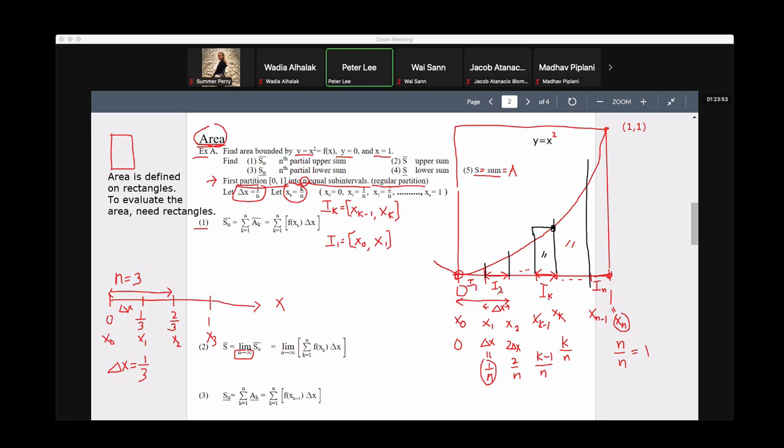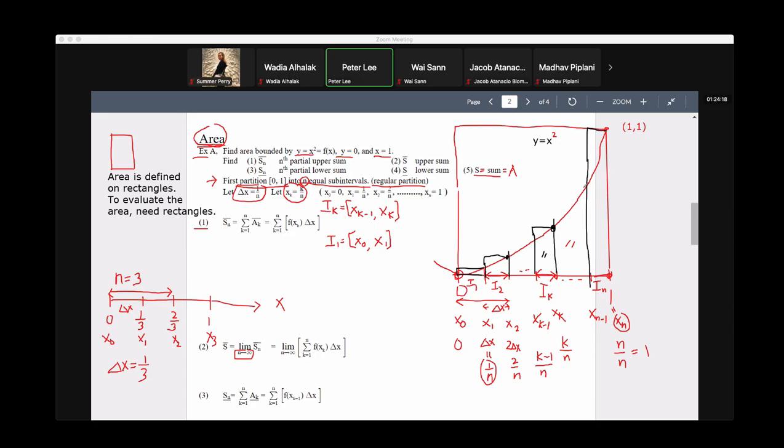Then for the second interval, I2, we will add up this rectangle right here. And for the first interval, we get the area of this one, and then for the last one, we take the area of this tall one. So when you look at this, you may say, oh yeah, it's not too big.